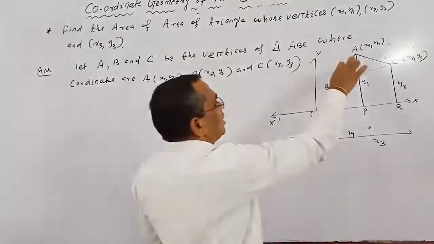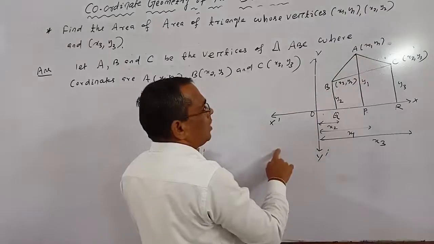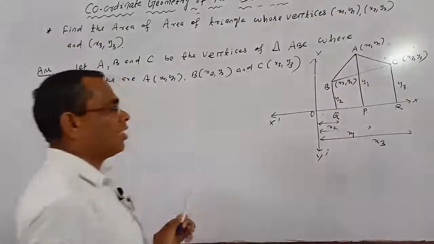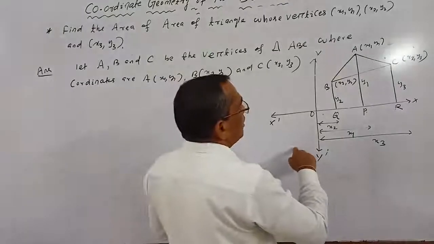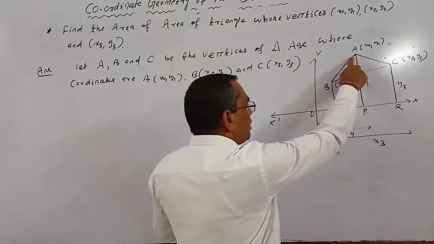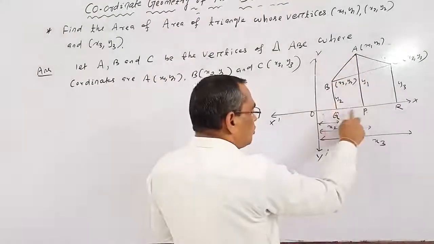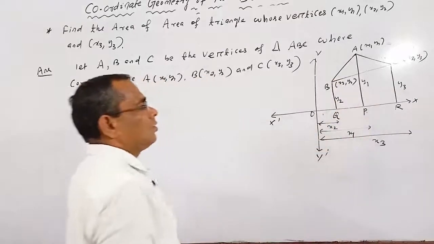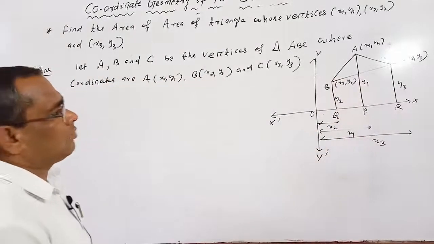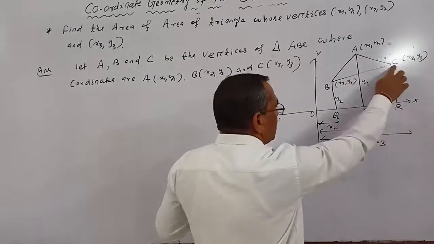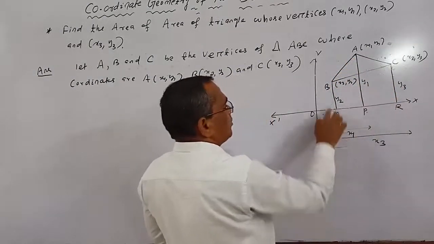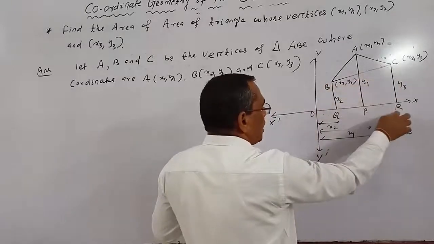So area of triangle ABC is equal to area of trapezium ABQP plus area of trapezium APRC minus area of trapezium BCRQ.